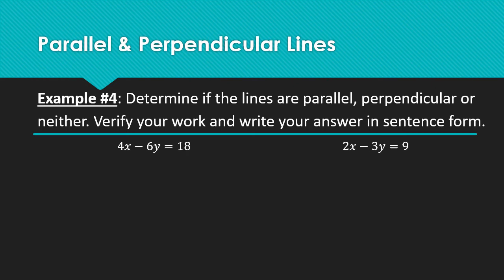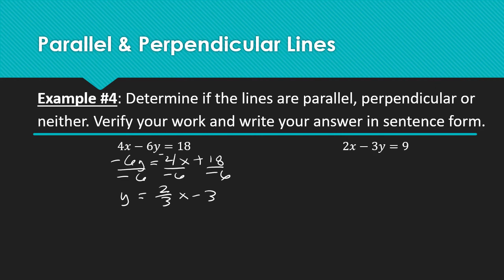All right, welcome back. If you solve this equation for y, you have negative 6y equals negative 4x plus 18. Divide everything by negative 6. So you have y equals 2/3 x minus 3.